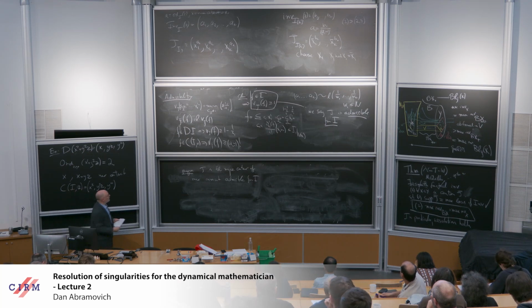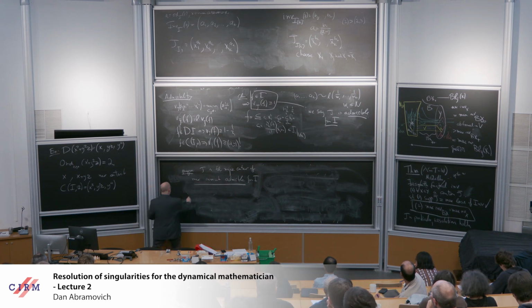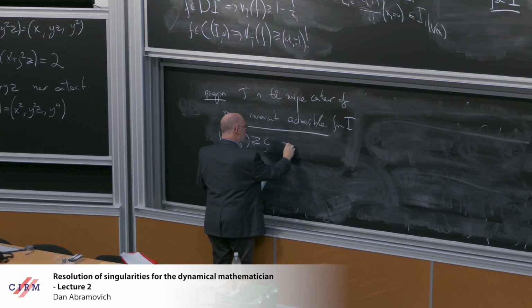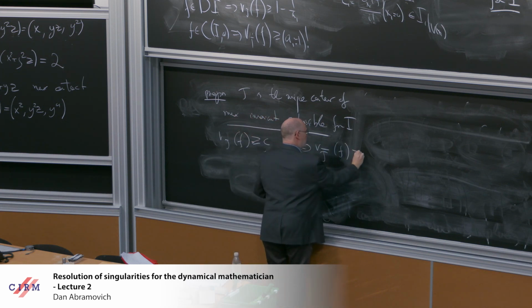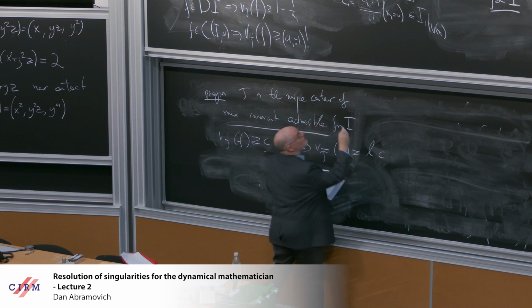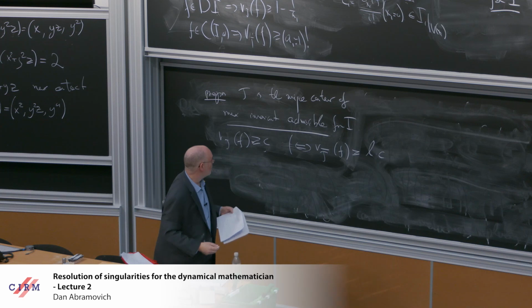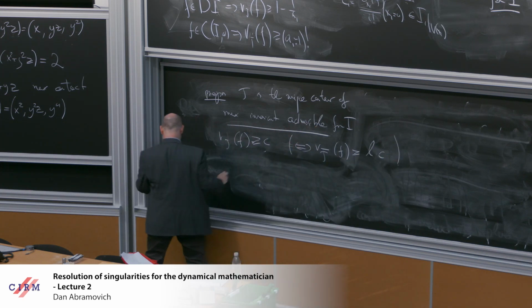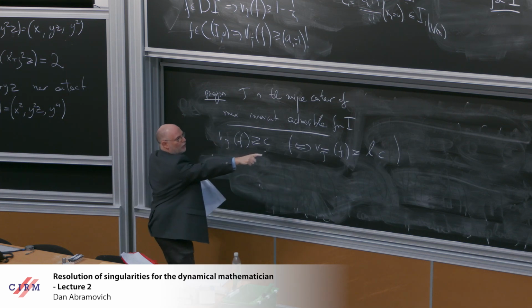So what does admissibility tell you? It tells you how to transform elements of ideals. So if the valuation of J of F is at least C, this is equivalent to saying that the valuation with respect to J bar of F is at least L times C. L is this rescaling factor from J to J bar. So I have to involve B at some point.